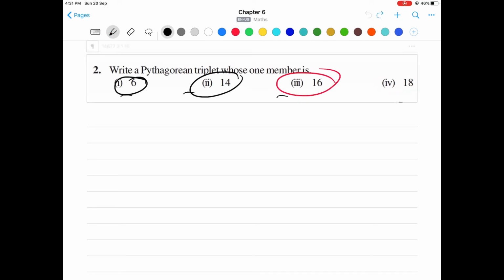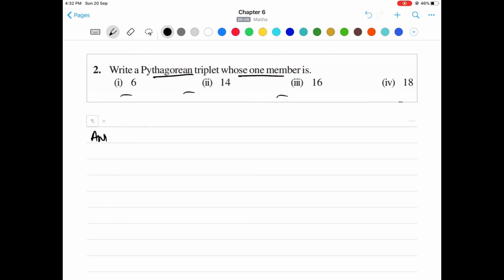The first number is 6. We have to find the Pythagorean triplet whose one member is 6. So let's start. Answer number 2, part 1, we have the number 6.